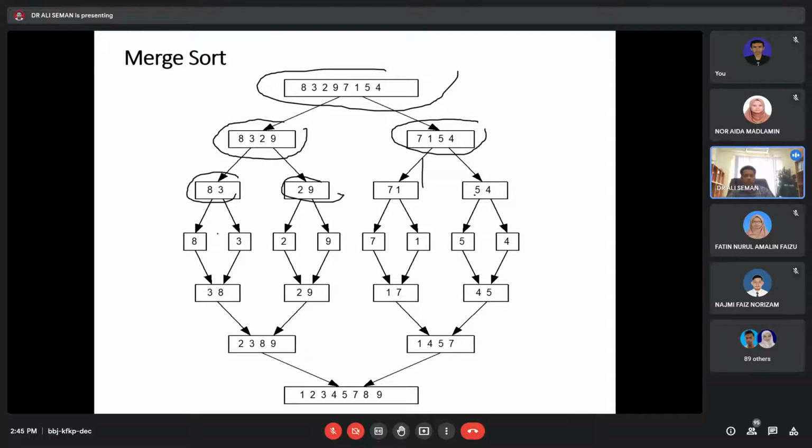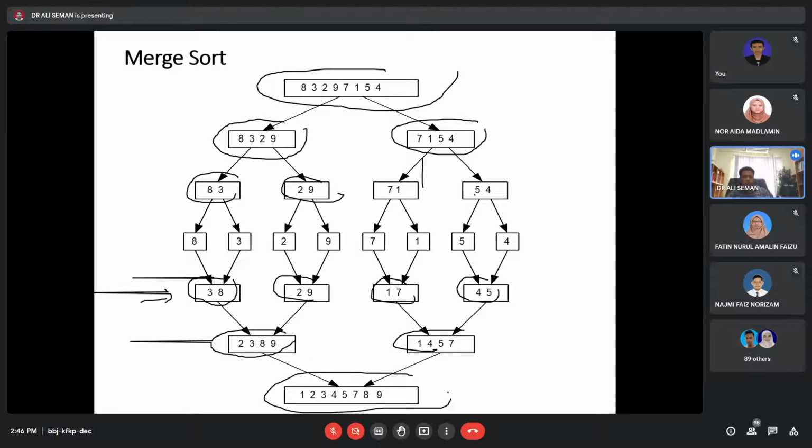Finally, when we get single items, we need to merge and sort. 38 is already sorted, 29 sorted, 17 sorted, 457 sorted, and we combine back to a larger instance. Here we become sorted 2, 3, 8, 9, and 1, 4, and finally we merge together to solve the original problem, and the list is sorted.